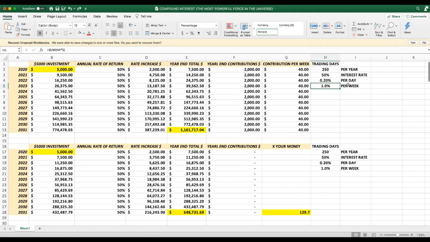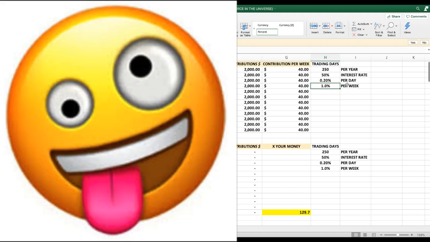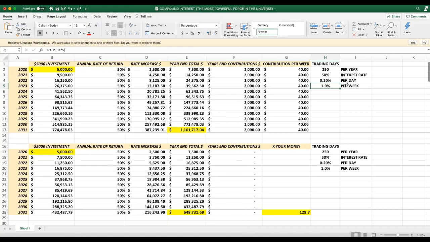1% a week. Most people are trying to make these crazy 100%, 1x, 2x, 3x in the matter of a month or something. You only need to make 1% a week, even 0.5% a week, and you'll be making 25% annual rate of return. 1% a week times 50 weeks is 50%.